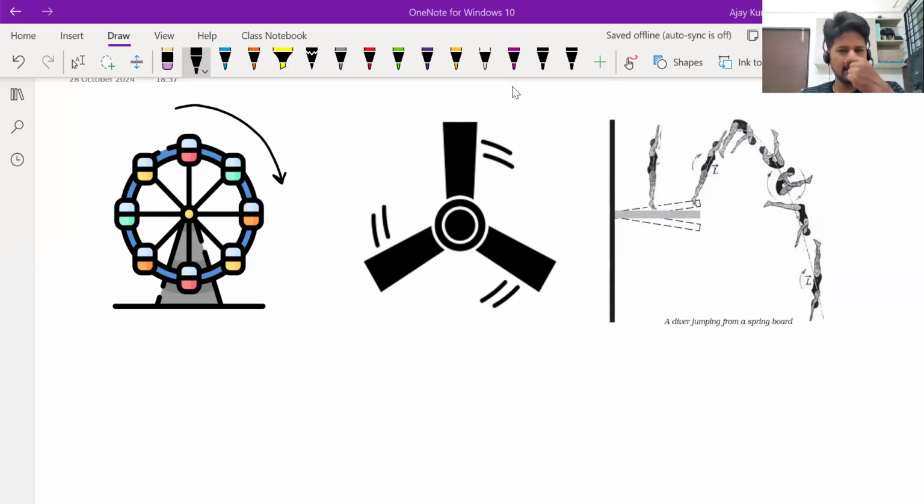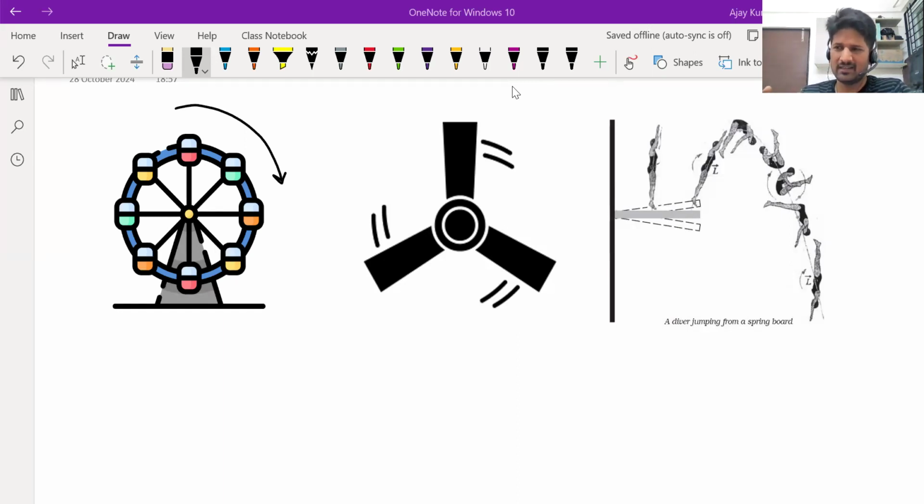Okay. Let us discuss this also in detail. How do you decide if a system is rotating or not? On what basis can you identify rotation? I mean, by looking at it, yes. In our daily life, we are used to it. We can easily tell whether an object is rotating or not.